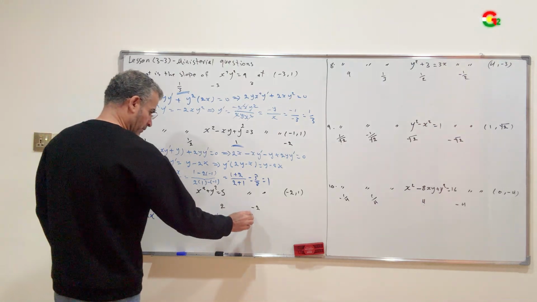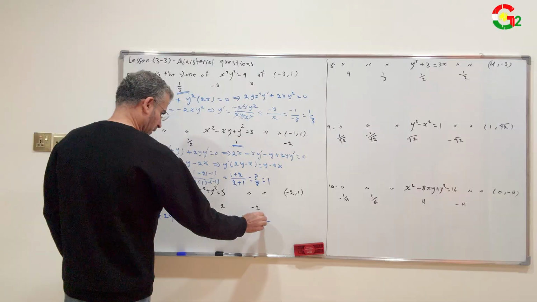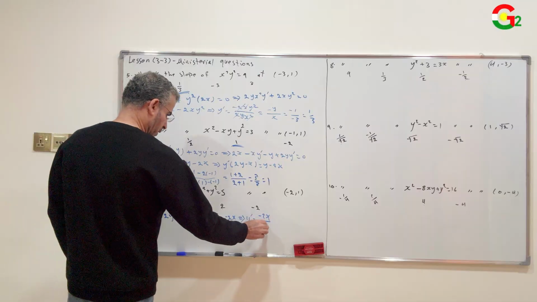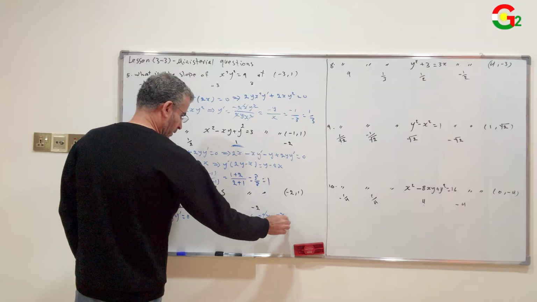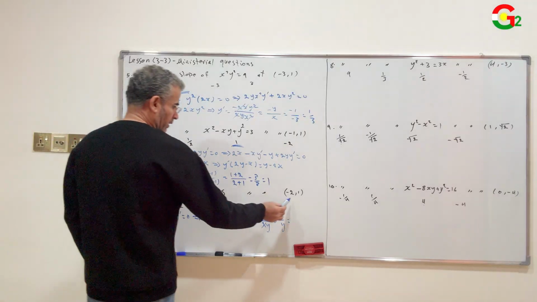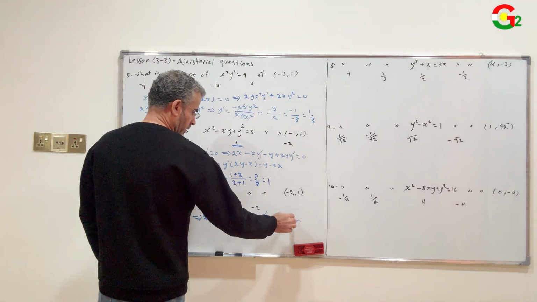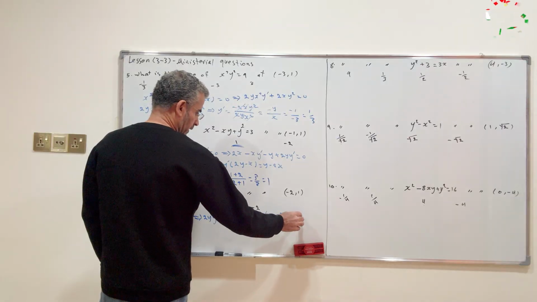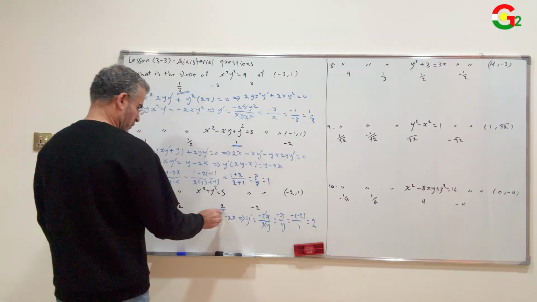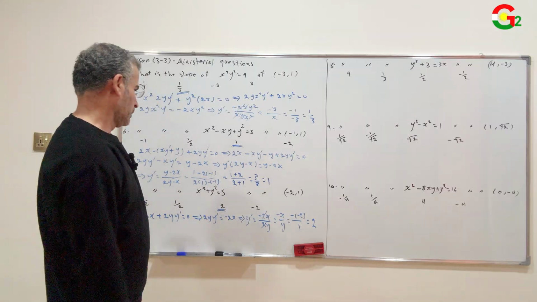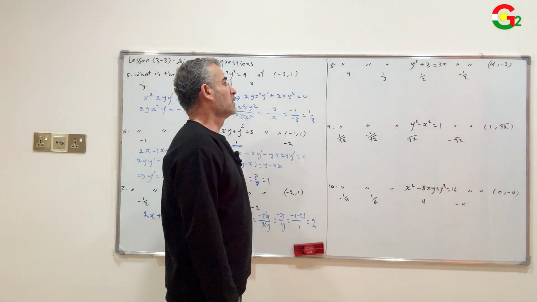Then y' equal to -2x over 2y, equal to -x over y. At the point (-2, 1), -(-2) over 1 equal to 2. Choice B. Question number 8.